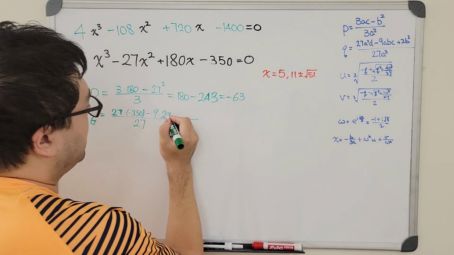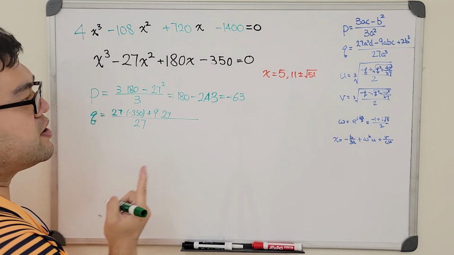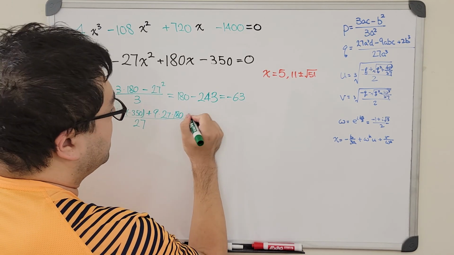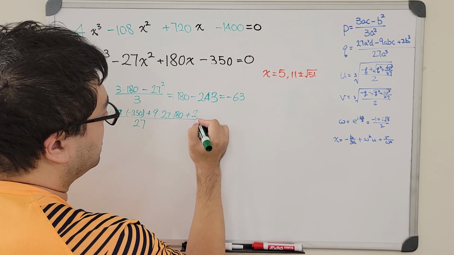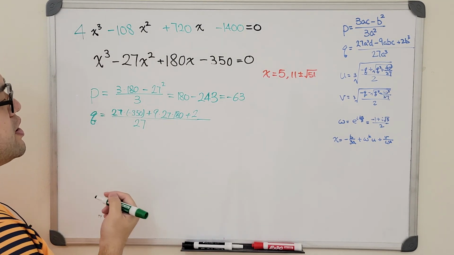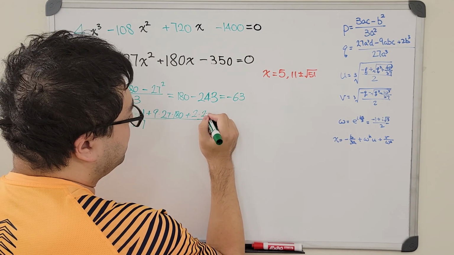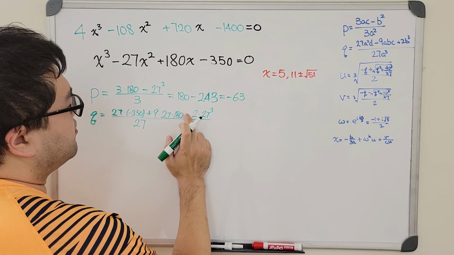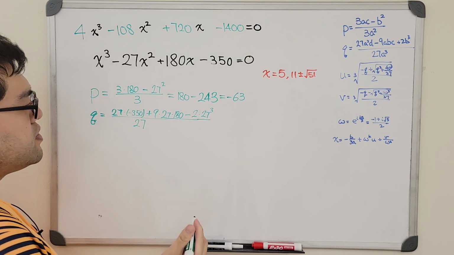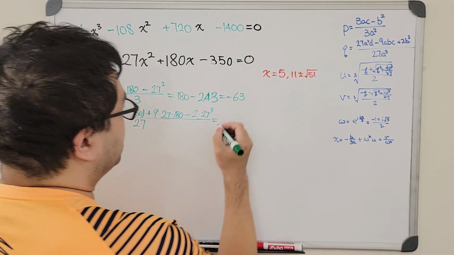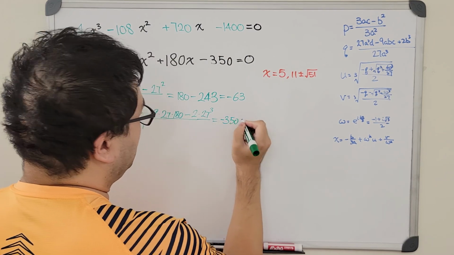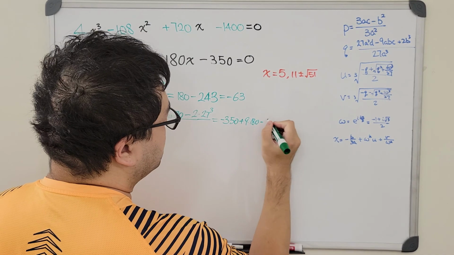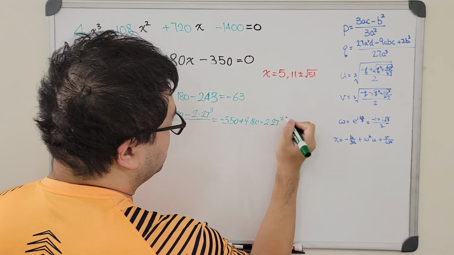So I will bring the negative to the front, and then times c, which is 180, plus 2 times b cubed, and again b is negative 27, so cubing it will still be negative. So again, we'll bring the negative to the front and change the sign. Then if we reduce it, we will get negative 350 plus 9 times 180 minus 2 times 27 squared.